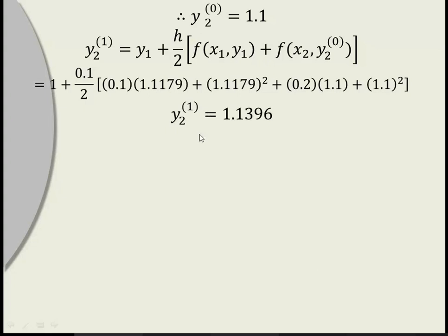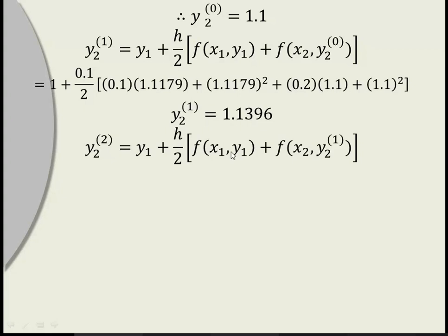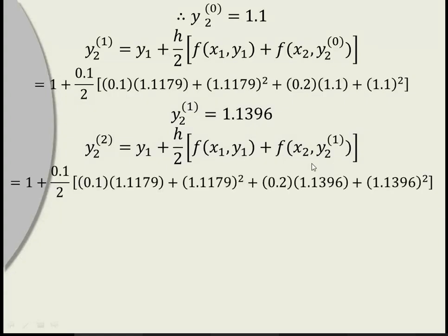Now these two are not matching up to 2 decimal places, so we have to do further calculation. Get the second iteration. In the second iteration, take this new value for finding the function and then simplify. So the second iteration is 1.1444.